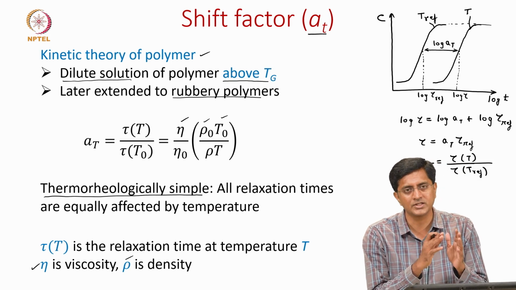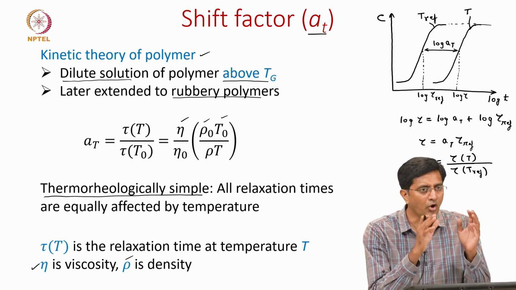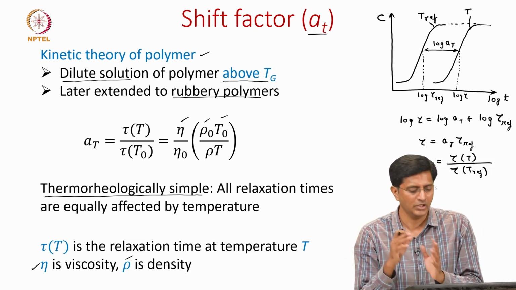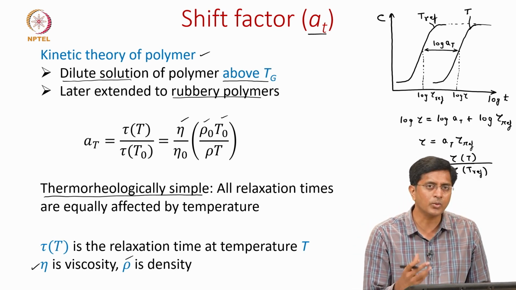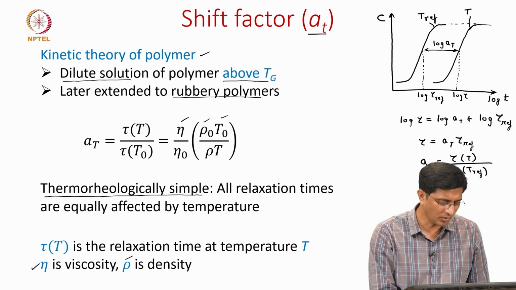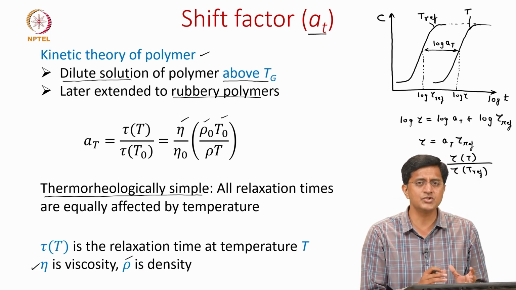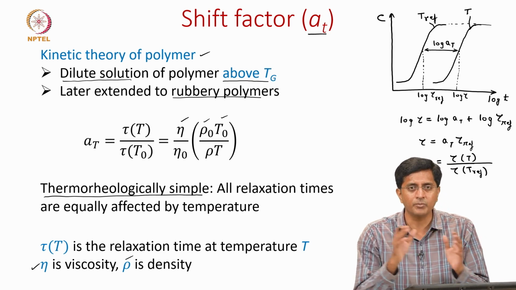So, no matter, let us say this particular polymer has 10 relaxation times, all those 10 relaxation times need to be shifted equally. If we are able to shift them equally, then we should be able to say the polymer we are working with is a thermorheologically simple polymer. This is useful because by this assumption we can shift the complete curve.